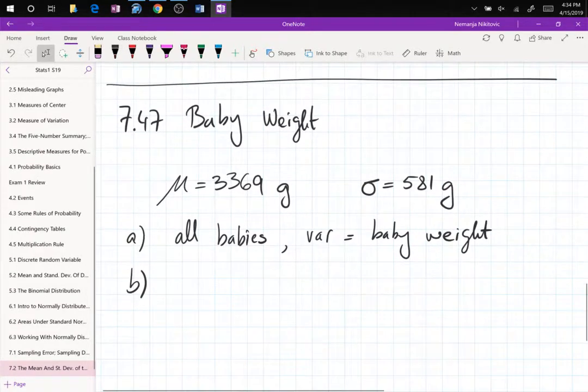Part B, for a sample size of 200 babies, find the mean and standard deviation for all possible samples of mean weights.